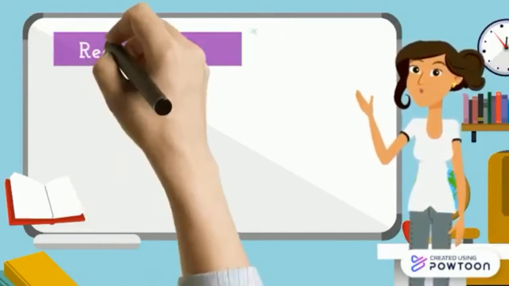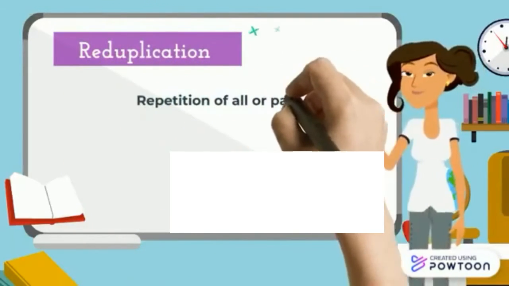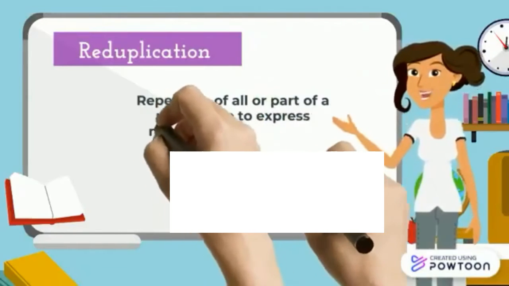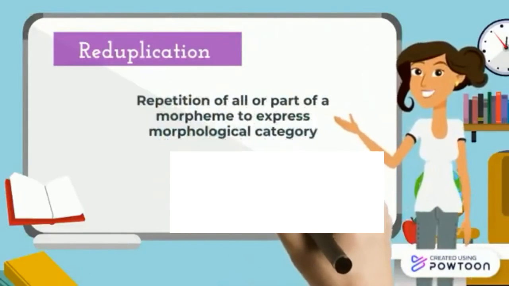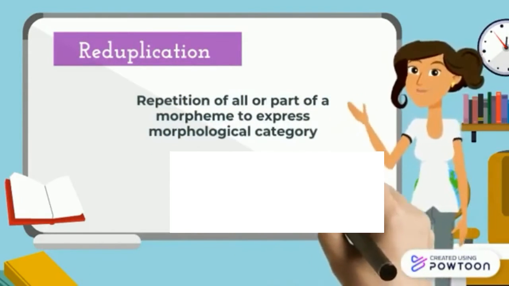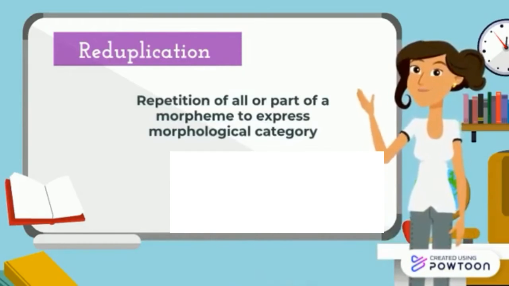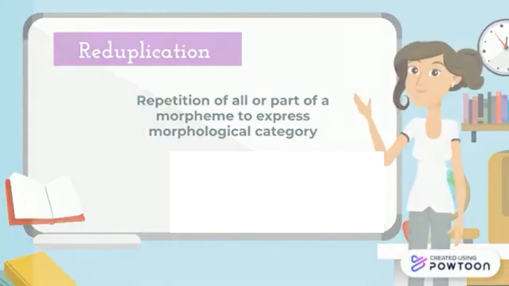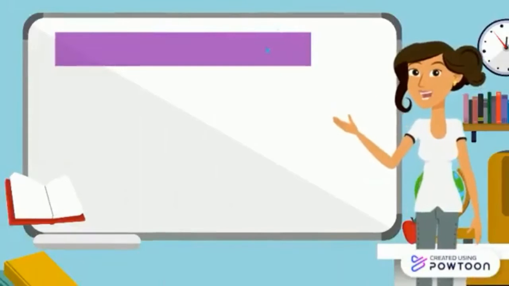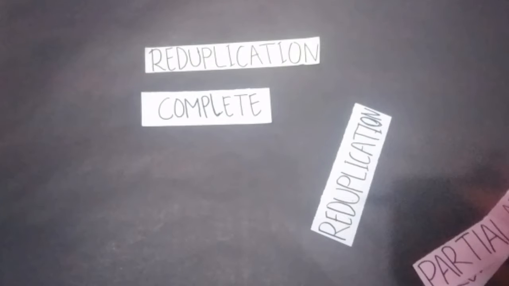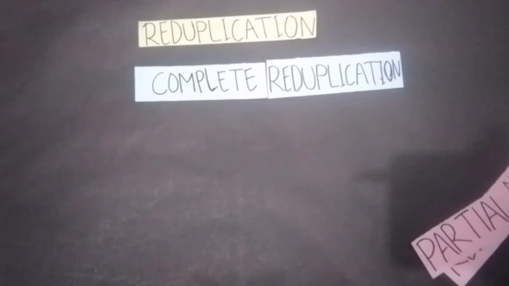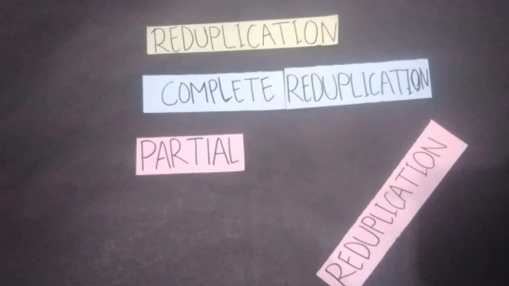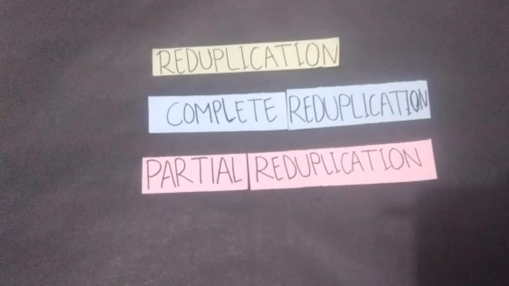Okay, next, I want to explain you about the reduplications. And what is a reduplication? Reduplication is repetition of all or part of a morpheme to express a morphological category. And then reduplication is divided into 2, complete reduplications and partial reduplications.